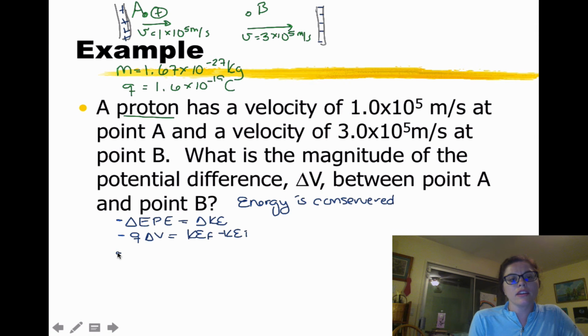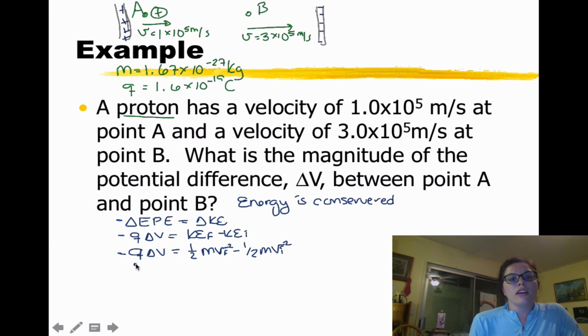So negative the charge times the change in voltage is equal to 1/2 m v_f squared minus 1/2 m v_i squared. Let's make sure those are velocities and not voltages. There we go.